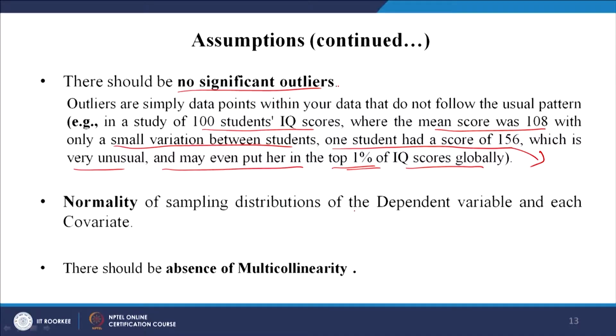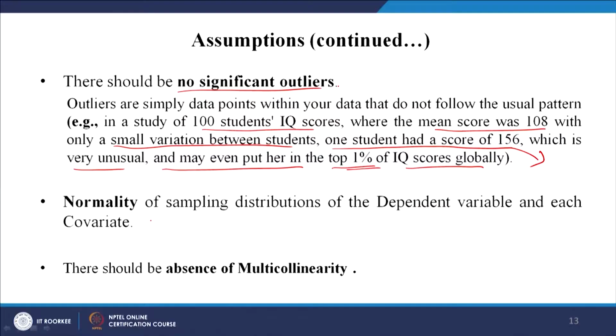Then normality. We should ensure the normality of the sampling distribution of the dependent variable and each covariate; the dependent variable and the covariate should follow a normal distribution.